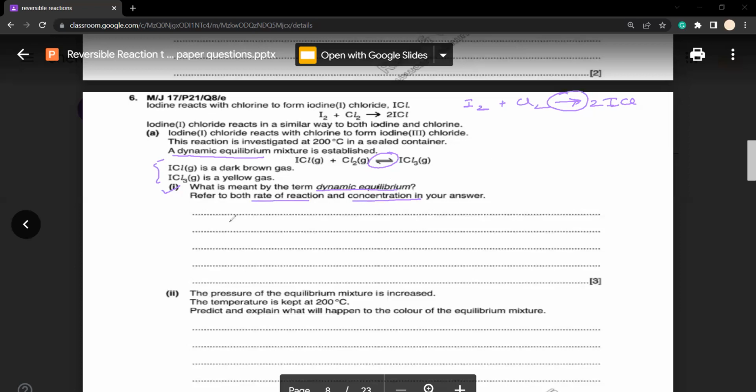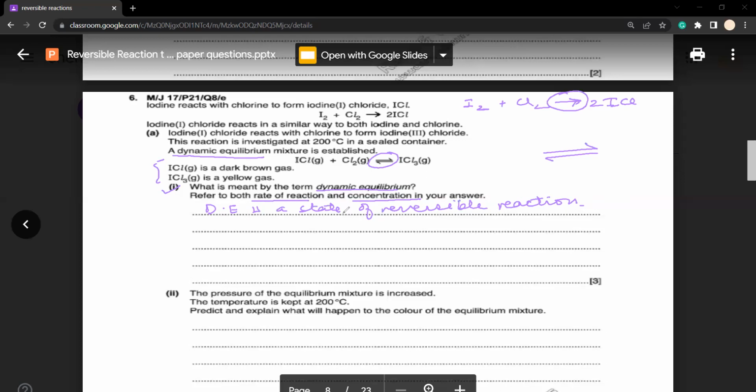So dynamic equilibrium is a state of a reversible reaction. A reversible reaction at one particular point attains dynamic equilibrium. So what is that state? The dynamic equilibrium is attained by a reaction when the speed of the forward and the backward reaction remains the same.